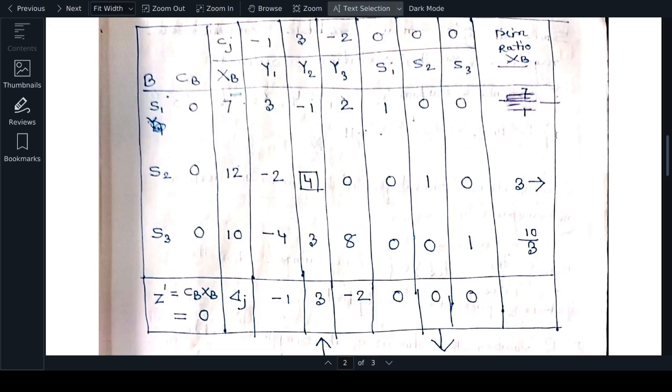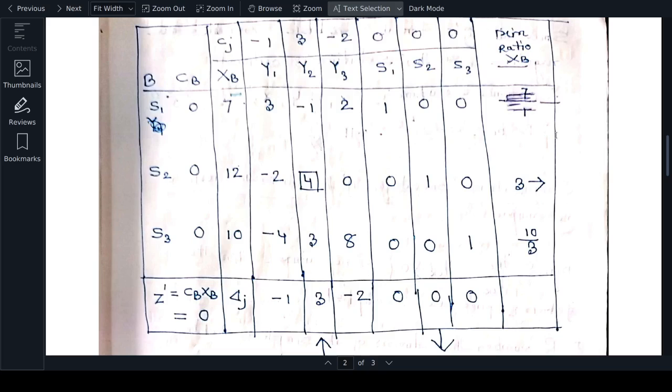If we consider a negative ratio, then the right hand side constants may become negative. So we avoid the negative value.